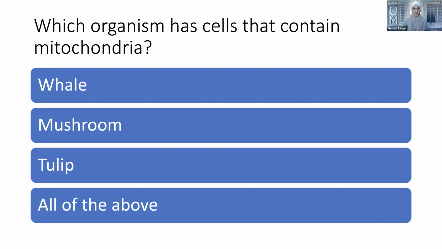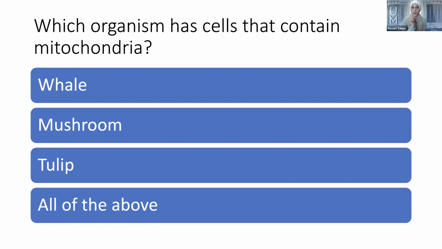I can recall that the plant cells had some things that the animal cells didn't, like cell walls or the chlorophyll that makes it green. And then I remembered that they had a lot in common. And so that would be all of the above.